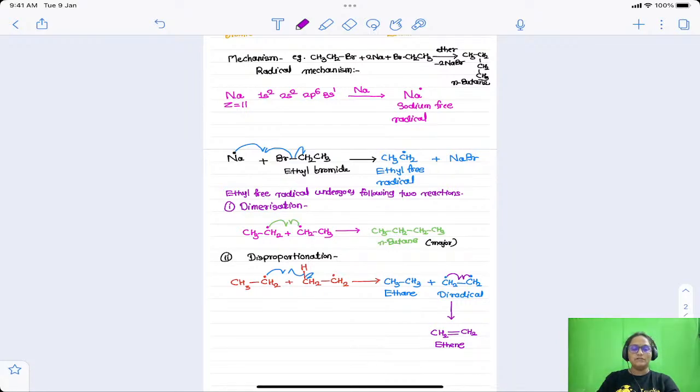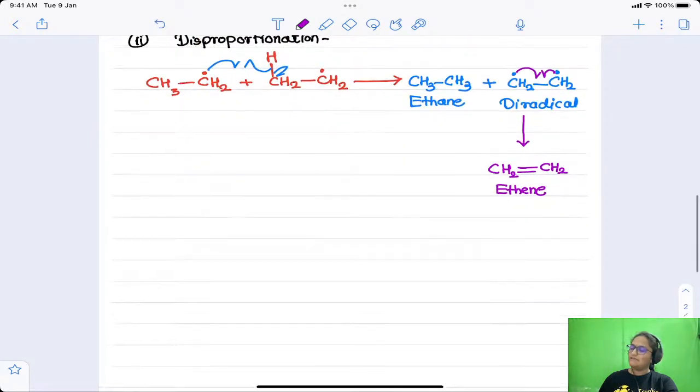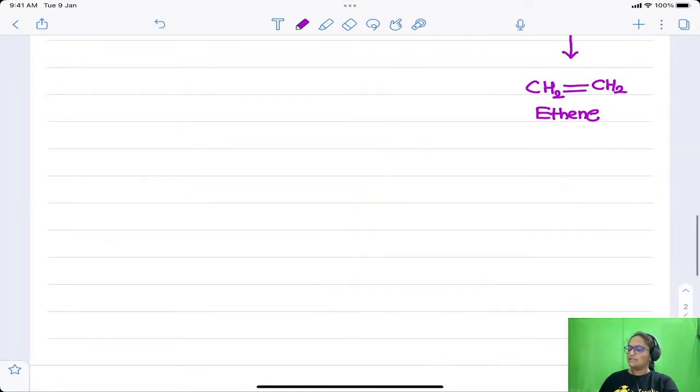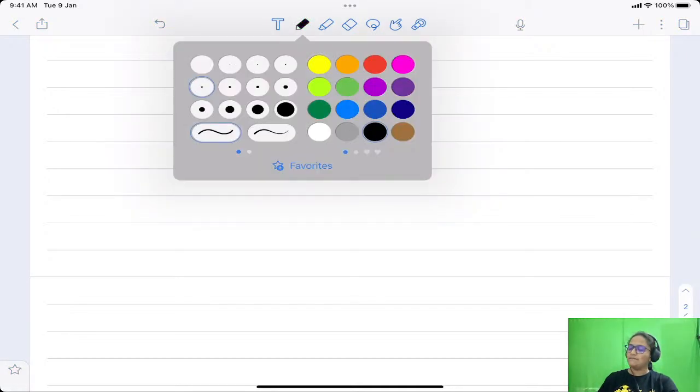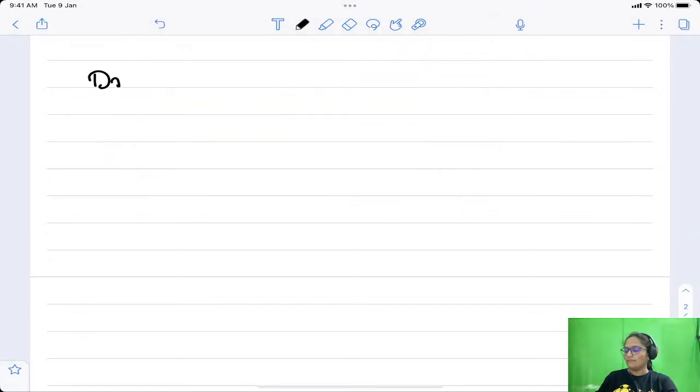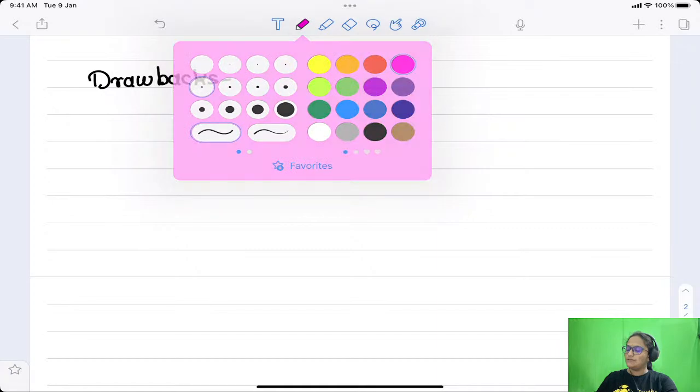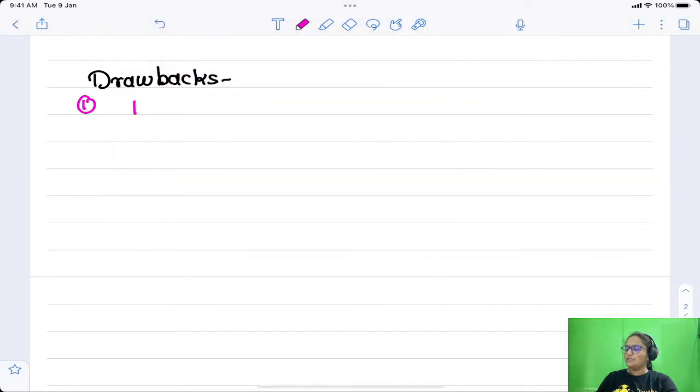Okay, now this was the mechanism for the Wurtz reaction. Now, there are a few drawbacks of this Wurtz reaction that I am going to tell you. There are three drawbacks of the Wurtz reaction. Out of which, the first drawback is we cannot produce methane by using this reaction.